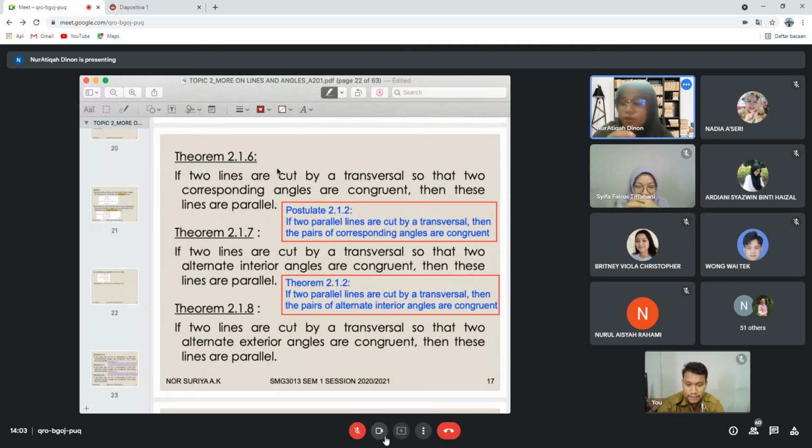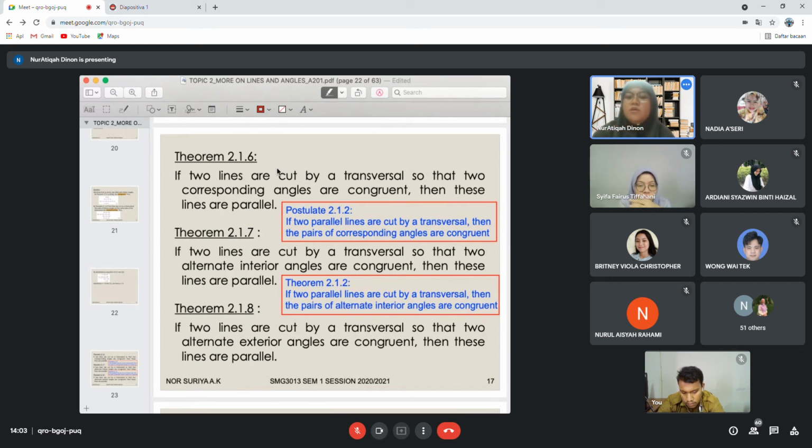So we start with if two parallel lines are, and then kita will have then dia adalah what angle. Okay, but then in the following 5 theorems, kita nak prove that rather than kita nak establish dia punya angle relationship, tapi kita nak prove that the two lines are parallel.